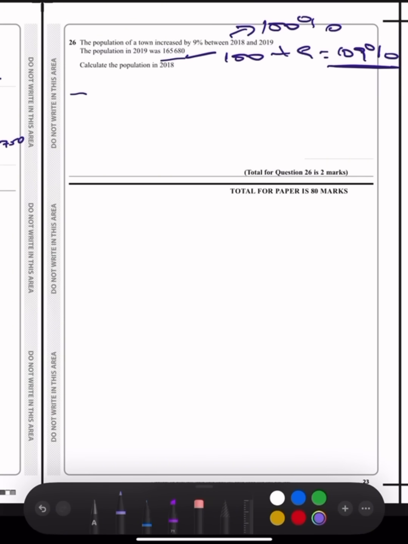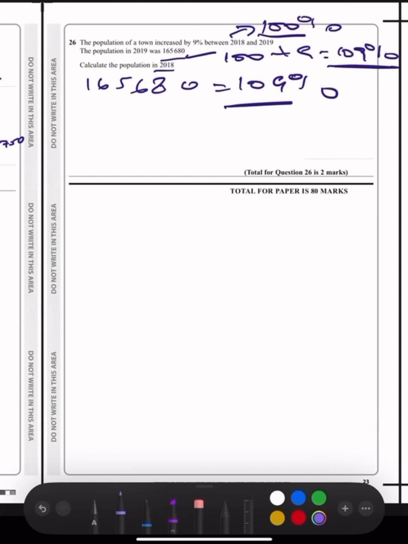So now if we start writing, 165,680 is equal to 109%. And to get it to 100%, that's what we need to do here, to get to its original percentage, what it was before, which is in 2018. So we need to bring it to a certain number where we can easily get to 100. I can only think of one way right now, which is getting to 1%, then getting to 100%.